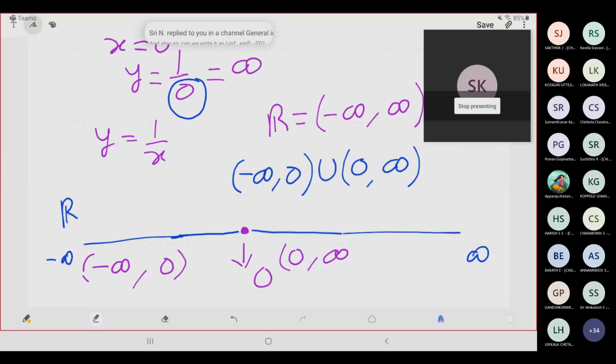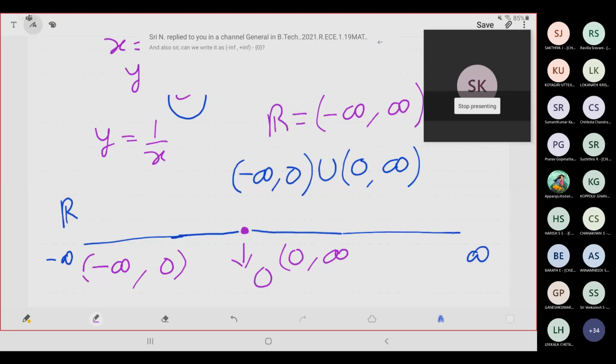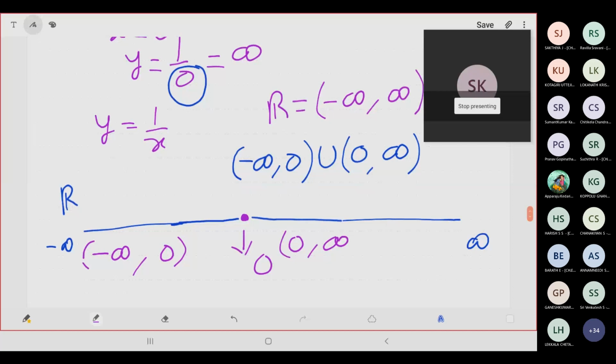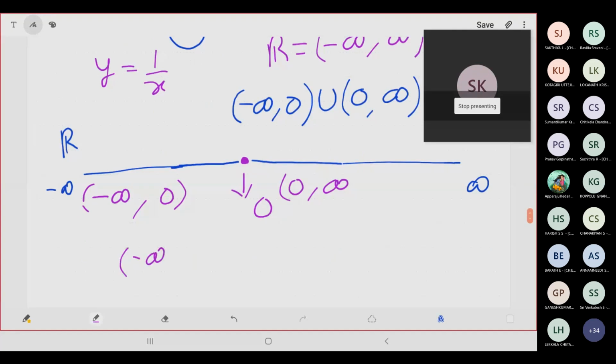You can also write it in this way: minus infinity to plus infinity minus the singleton 0.